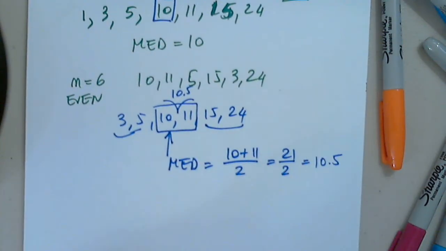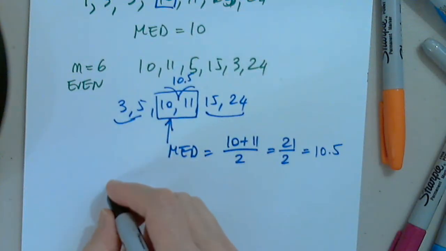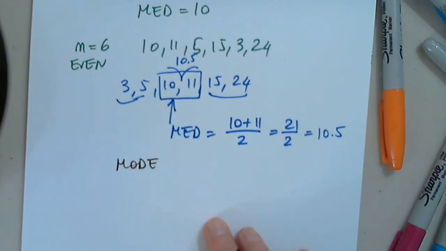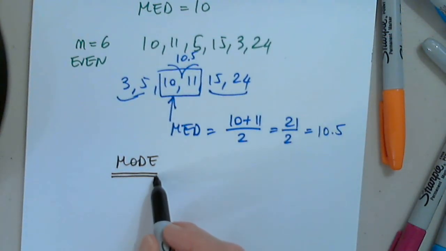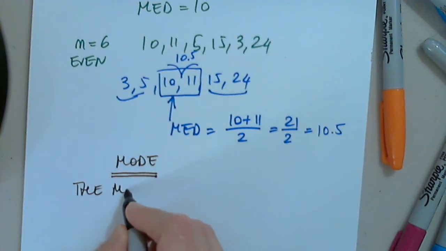Okay, the next and the last one so far, and I'd like us to look at some examples: mode. So first of all, what is the mode? The most frequent observation.